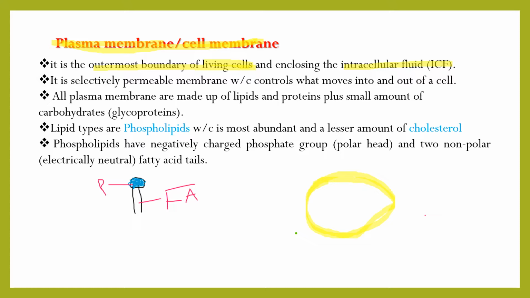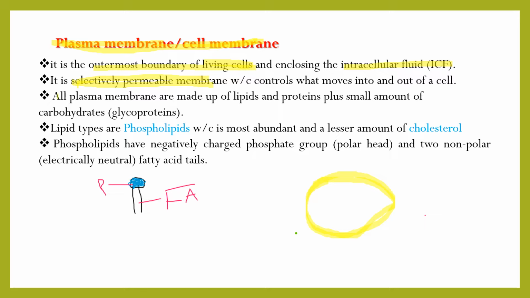This plasma membrane is a selectively permeable membrane. It selects what enters and what leaves the cell. Things are selected to be taken into the cell or to be released out of the cell by the plasma membrane. So it is a selectively permeable membrane.